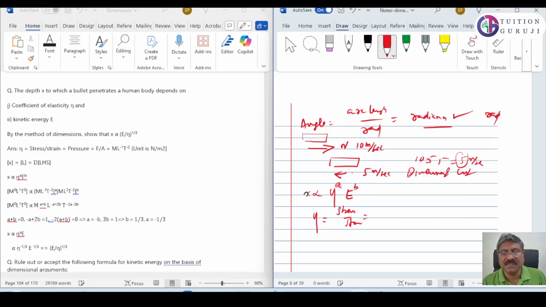Stress is nothing but pressure, so force by area is M L raised to minus 1 T raised to minus 2. So the coefficient of elasticity is M L raised to minus 1 T raised to minus 2.